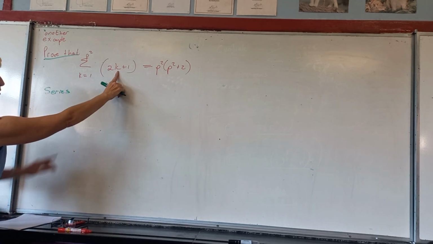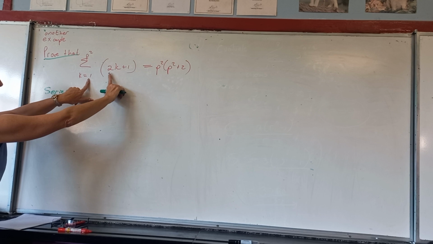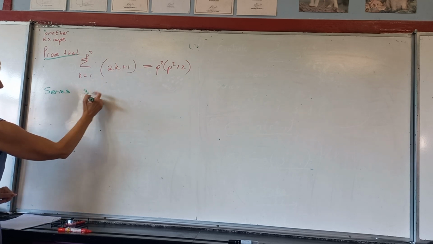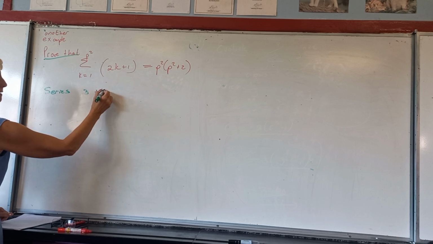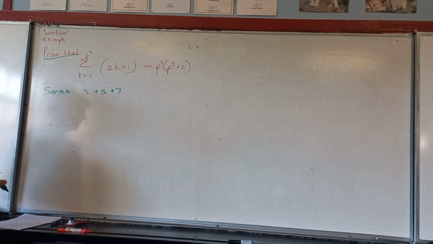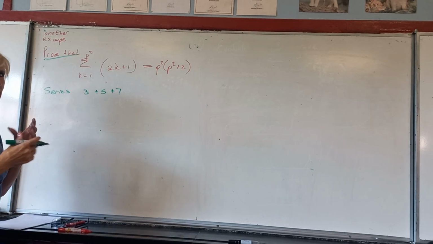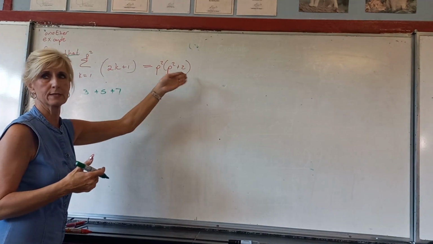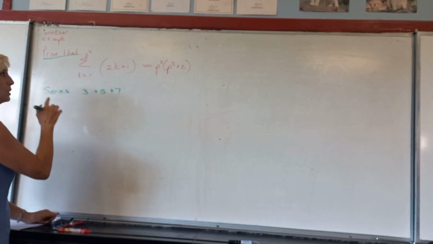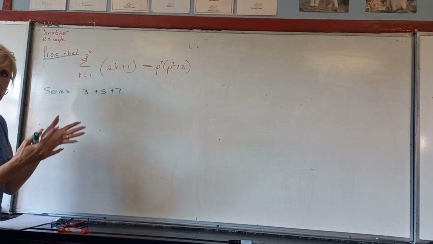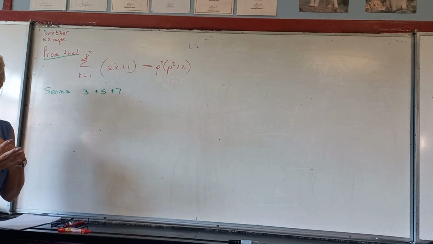So the series starts off with k being 1, so that's 2 times 1 plus 1 gives me 3. If it's 2, it's going to be 5. If it's 3, it's going to be 7. I've got the pattern right. But now, somehow, somewhere, that p squared is going to come into play because that's my answer there on the other side. So, which one is going to have something to do with the p squared? The last term.